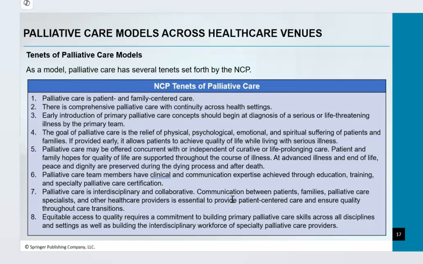Palliative care team members have clinical and communication expertise achieved through education, training, and specialties, certifications. Palliative care is interdisciplinary and collaborative communication between patients and families, and then the palliative care team is essential to providing this program. Equitable access to quality requires a commitment to building primary palliative care skills across all disciplines.